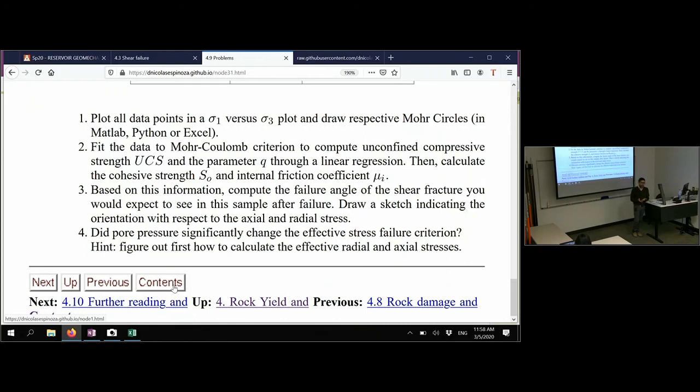But this is what I'm going to ask you in the exam, right? I'm not going to ask you to do a regression fit, but probably I'll ask you to draw a line that joins the points or that goes through the main trend of the data, and out of there to calculate either a Young modulus or a Poisson ratio or some of these strength parameters.